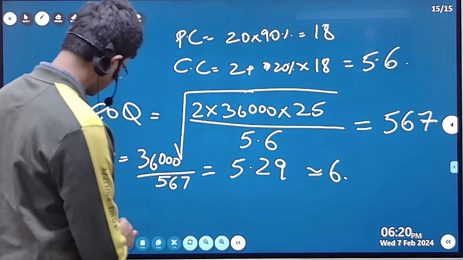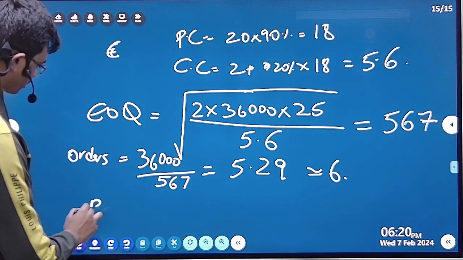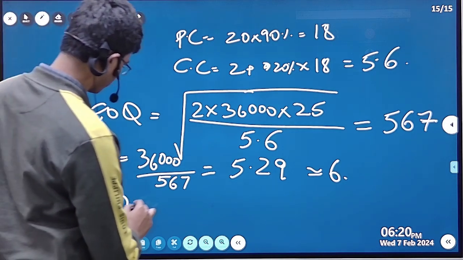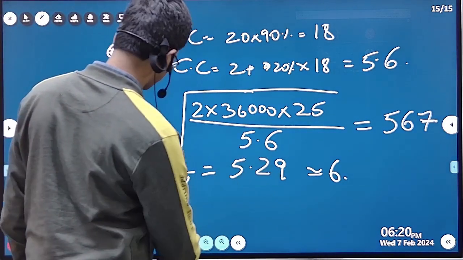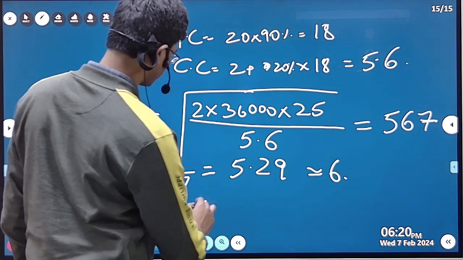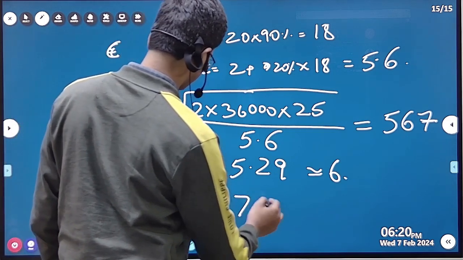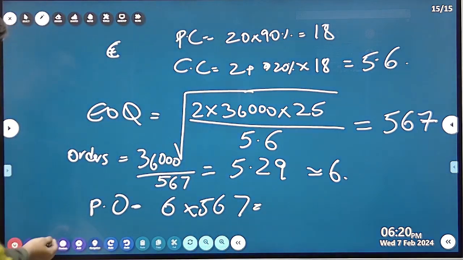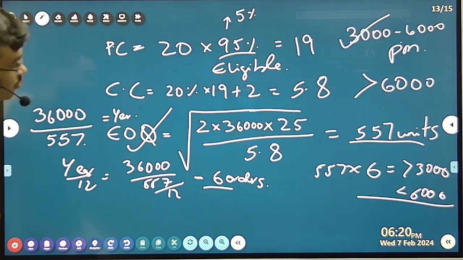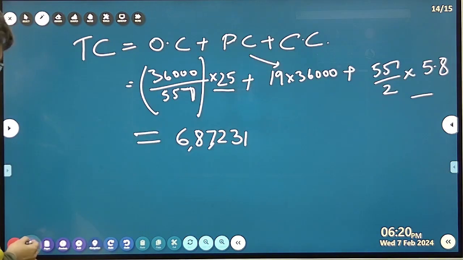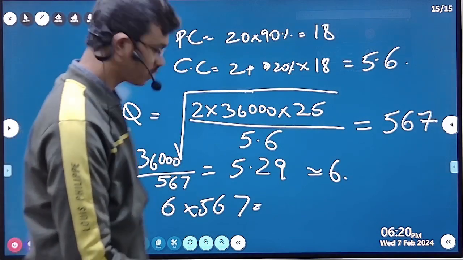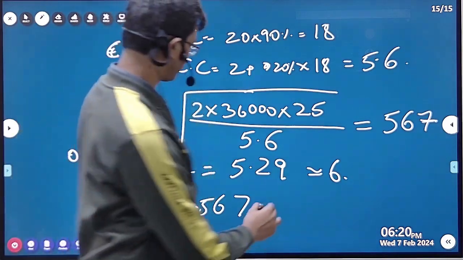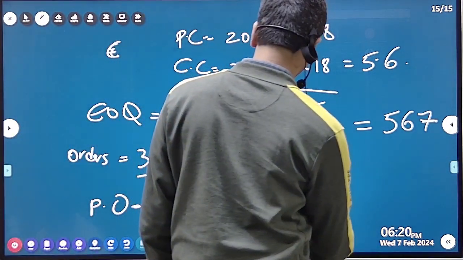So now per order we will have to have 6 into 567, so this is not much different from our previous problem. It will be in the range of 3,400 something.